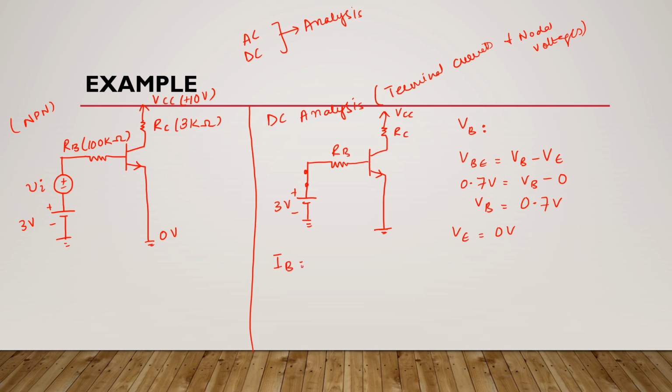Now we will find the base current. We know that this is the direction of base current IB. For this base current, we apply KVL in this loop and start from this point.